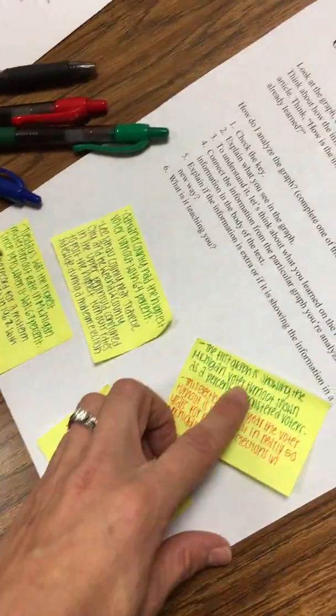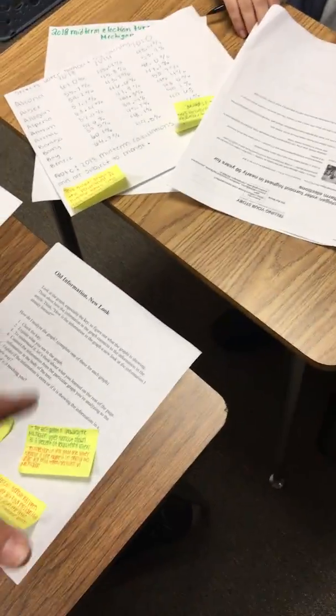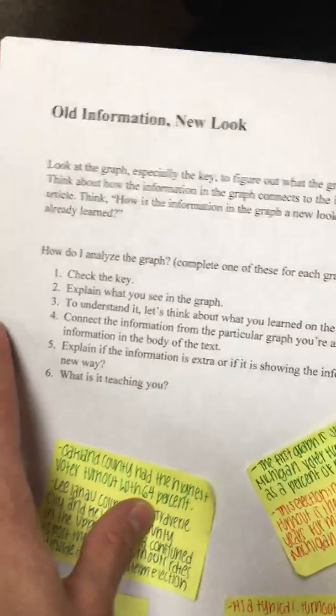Okay, so right here you were saying the first graph. What I want you to do now is get a big piece of paper and follow the directions for this. You look at the graph and check the key. So where's the key on the graph? Everyone look at the graph.